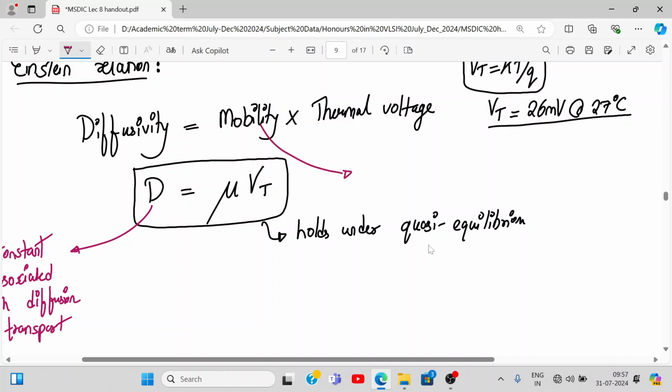Mobility is a constant associated with drift transport. And when I teach you what is random thermal motion, which is still pending, that I will immediately discuss in the next class. This Einstein relation will show that both drift and diffusion process are based on random thermal motion.